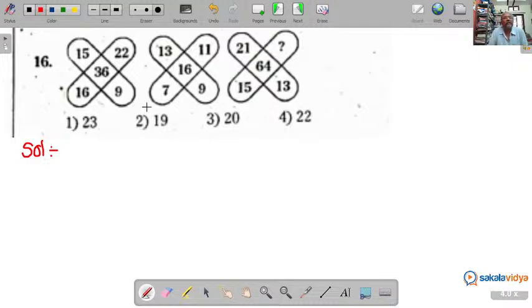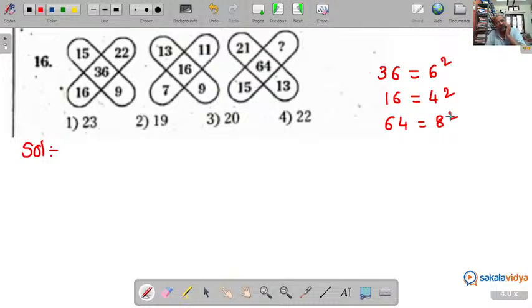So just observe, 36 is a perfect square, 6 square. Here 16 is also a perfect square, 4 square. Here 64 is also a perfect square, 8 square. So these are the observations that can be made while solving these sorts of problems.